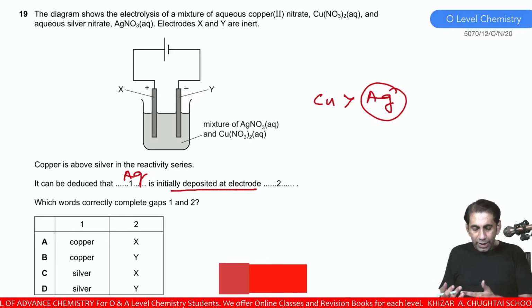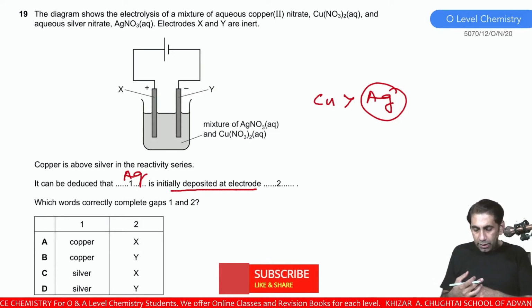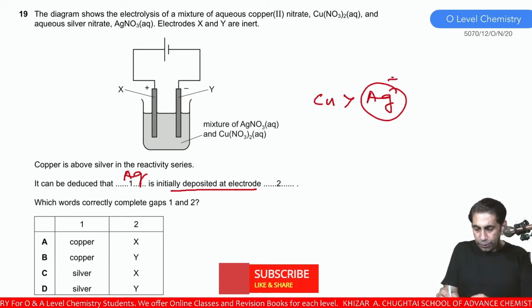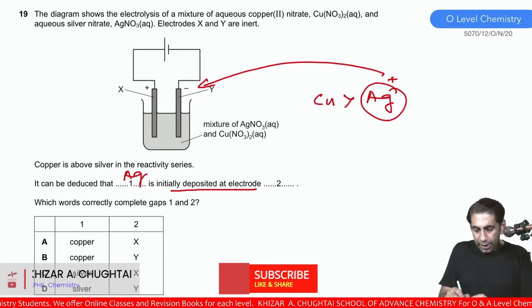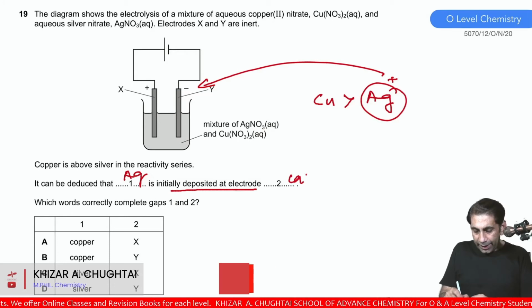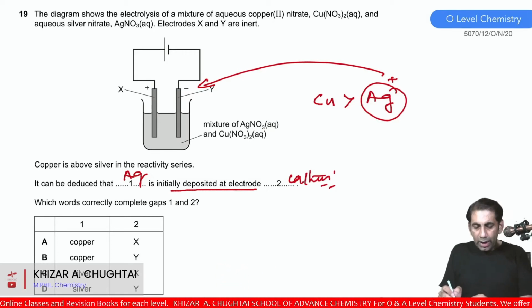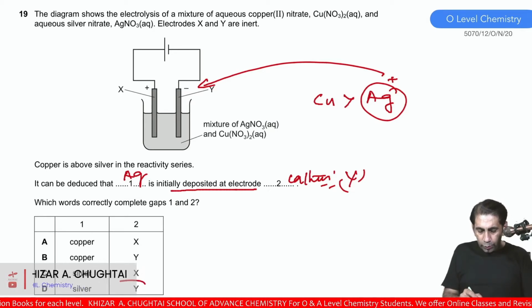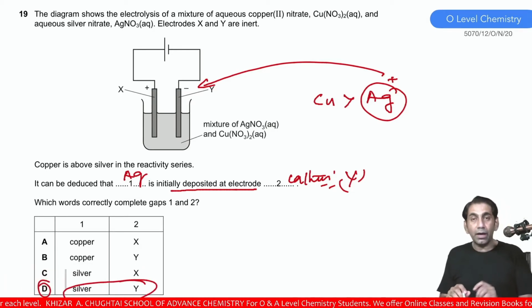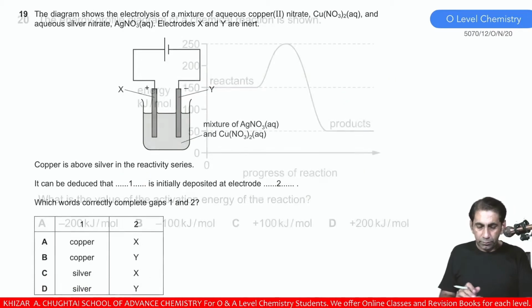And the second one is the electrode: as you know, it is a positive charge and it will go towards the negative terminal, and that is the cathode. I mean the negative one. In this case, it's Y. So silver and Y, D is the correct option.